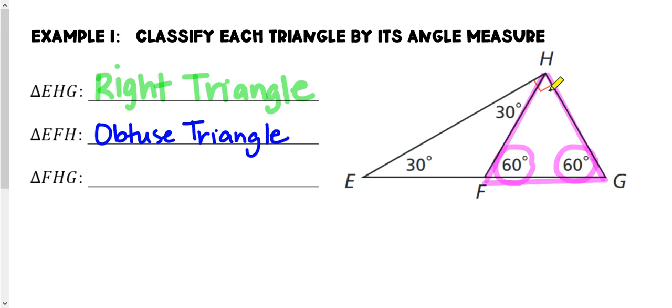And then up here at H, we don't know, but we have a right angle up here that's split into 30 and this angle. So if we do 90 minus 30, that means vertex H is 60 degrees. So because all 3 are 60 degrees, they're all congruent acute, that means it is equiangular.